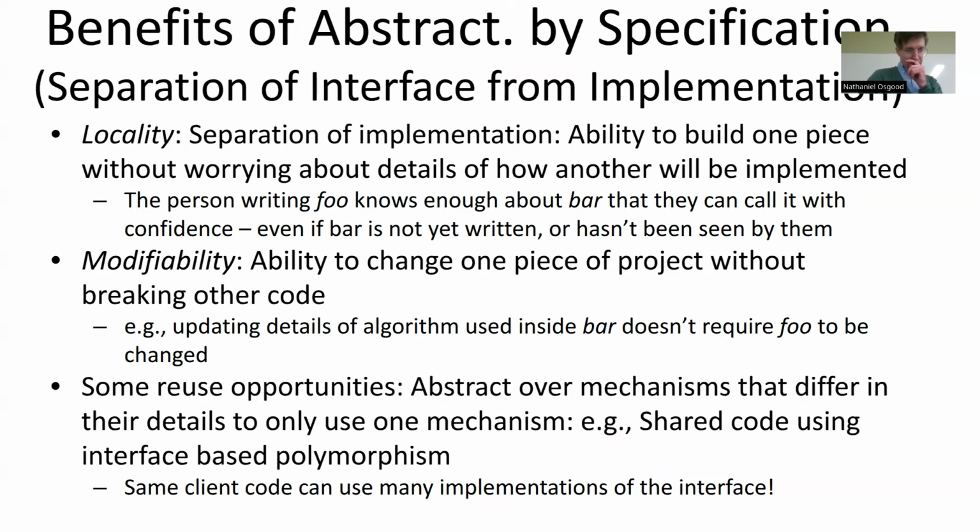Okay. So there are lots of wonderful benefits. I mean, like chocolatey goodness. It has diverse benefits, right? You have locality. If I change the implementation of my sort routine, I don't have to worry about having to change the entire code, right?